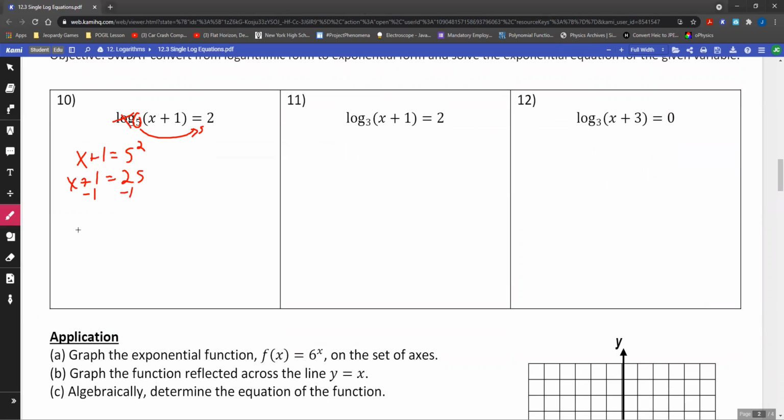Subtract the 1 over, and we get x equals 24. All right. Over here, move the 3 over, drop the log. X plus 1 equals 3 squared. X plus 1 equals 9. Subtract the 1 over, and I get x equals 8.